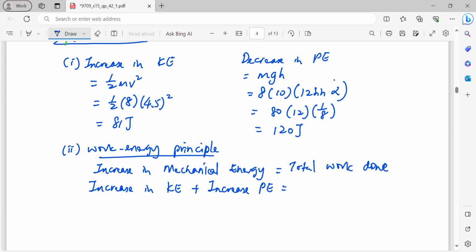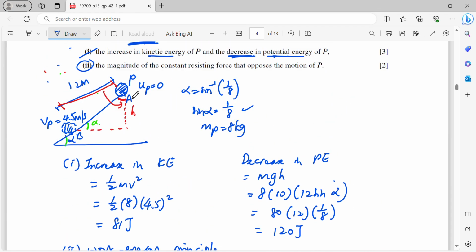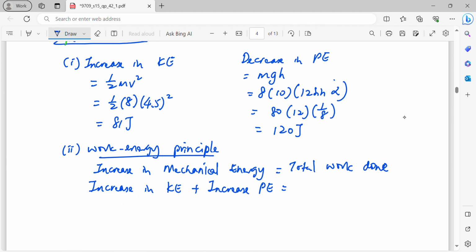Then the total work done here means the work done by forces to speed up the body minus work done to slow down the body. But from here, since this is released from rest, there is no work done to speed up the body. But then we have to minus the work done to slow down the body.